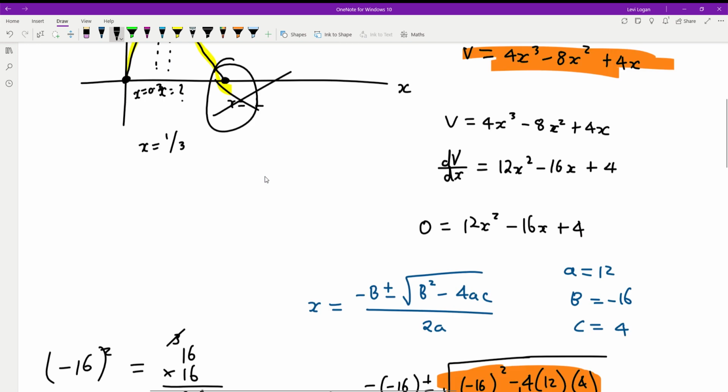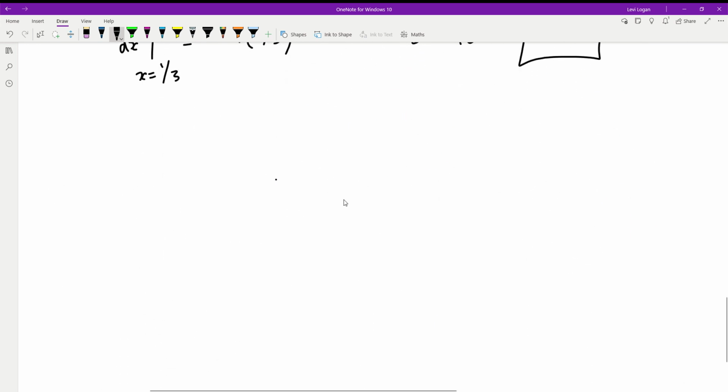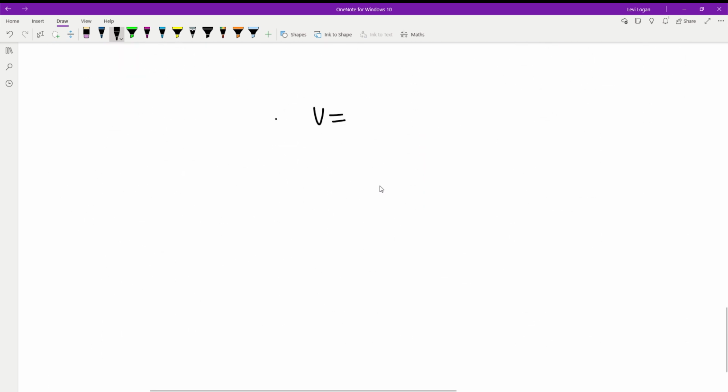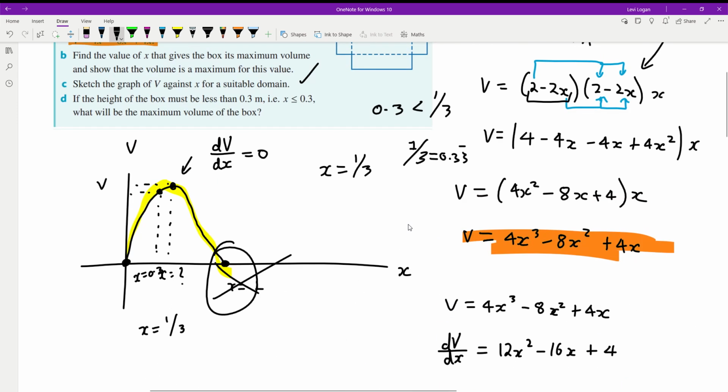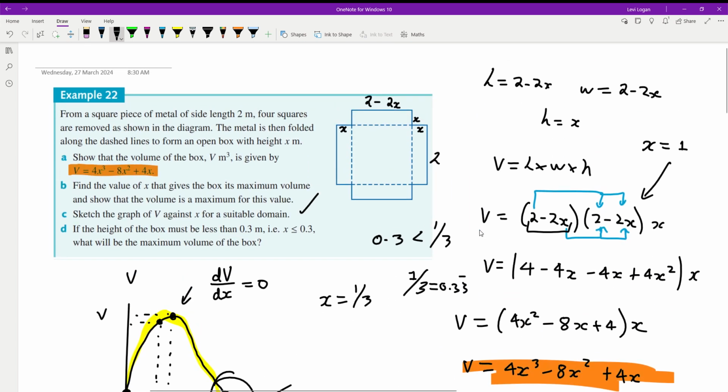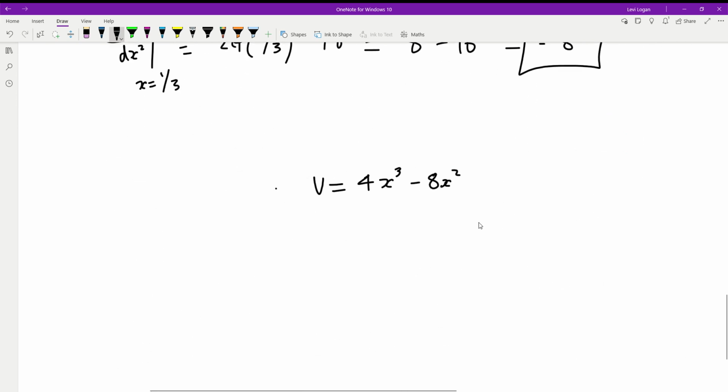So you'd have to plug that in. So if we just take our volume equation, I actually can't remember what it was, it's up here somewhere, 4x cubed minus 8x squared plus 4x, and you plug in x equals 0.3, so you get volume at x equals 0.3.